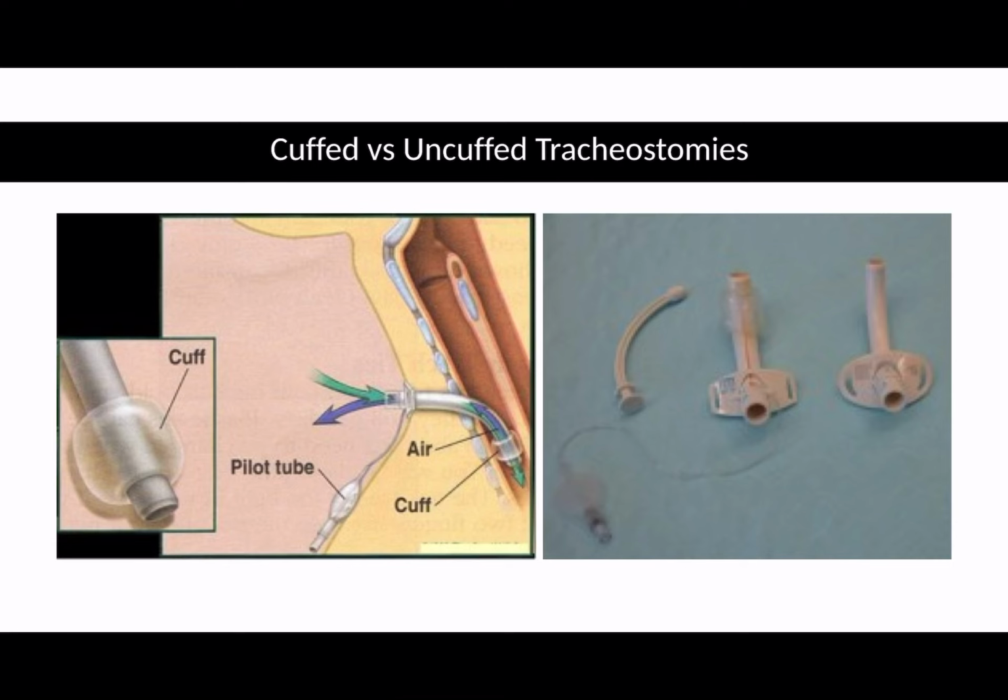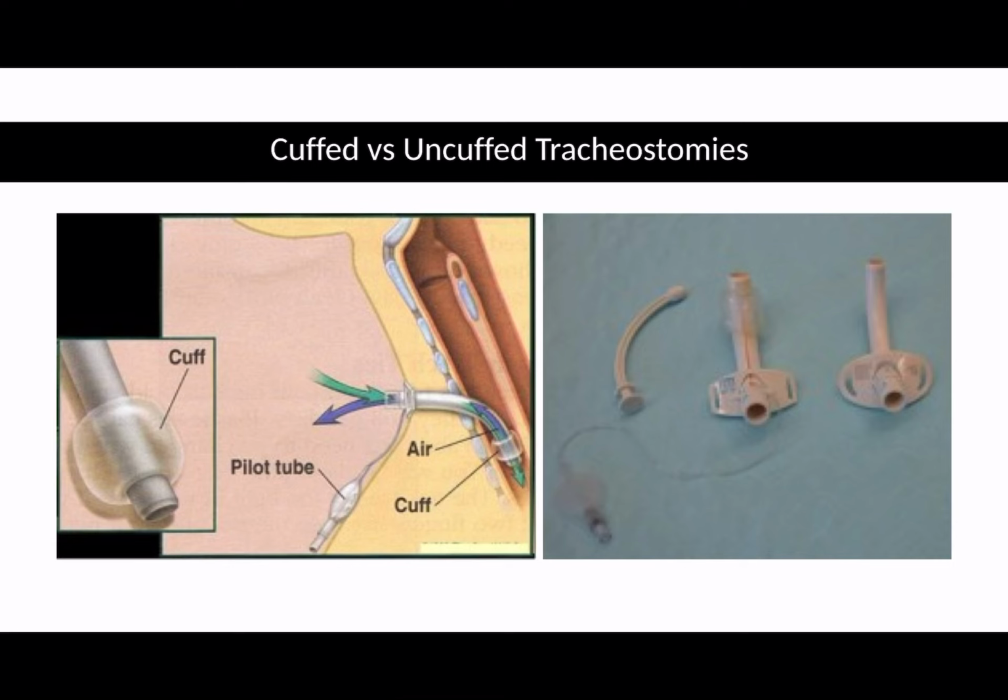However, when you put pressure through the tracheostomy and force air through it, in an uncuffed tracheostomy, the air sometimes will go down into the lungs, but a lot of it will go through the path of least resistance, which is to go around the tracheostomy, up and through the mouth.